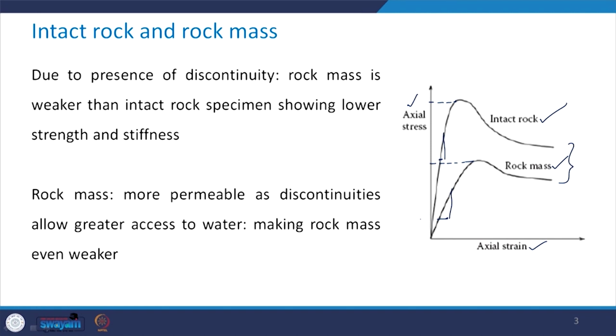So it's not only the strength but stiffness also reduces when you compare intact rock with the rock mass. Because of the presence of the discontinuities, rock masses are more permeable, and therefore they allow greater access to water, and you know that in the presence of water, rocks get weaker.